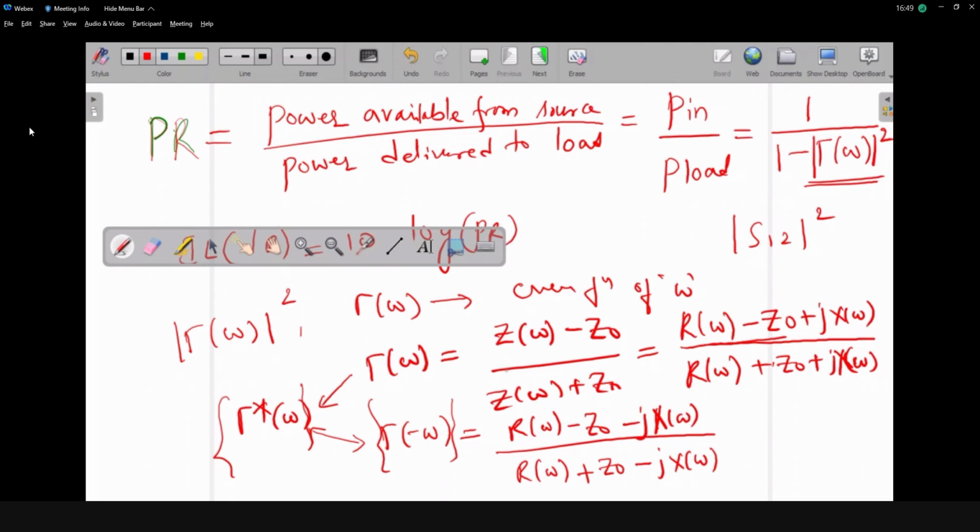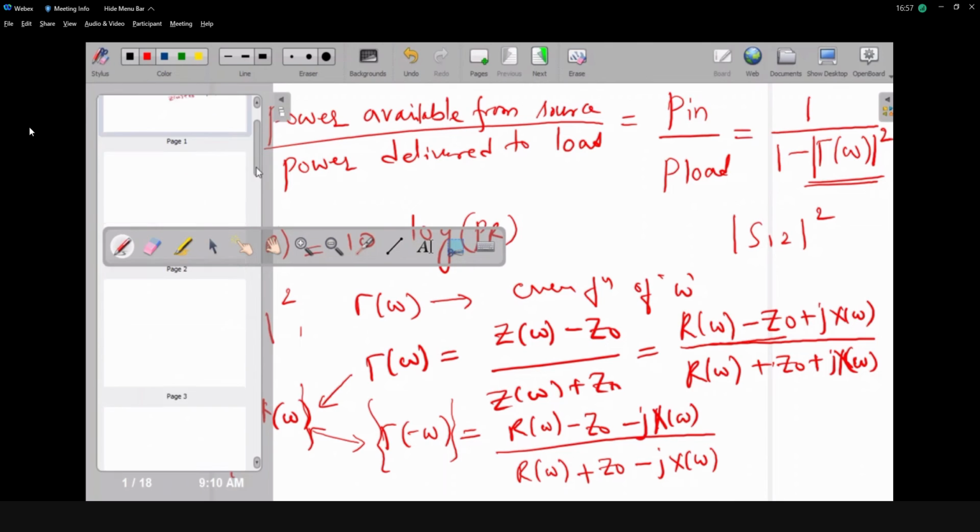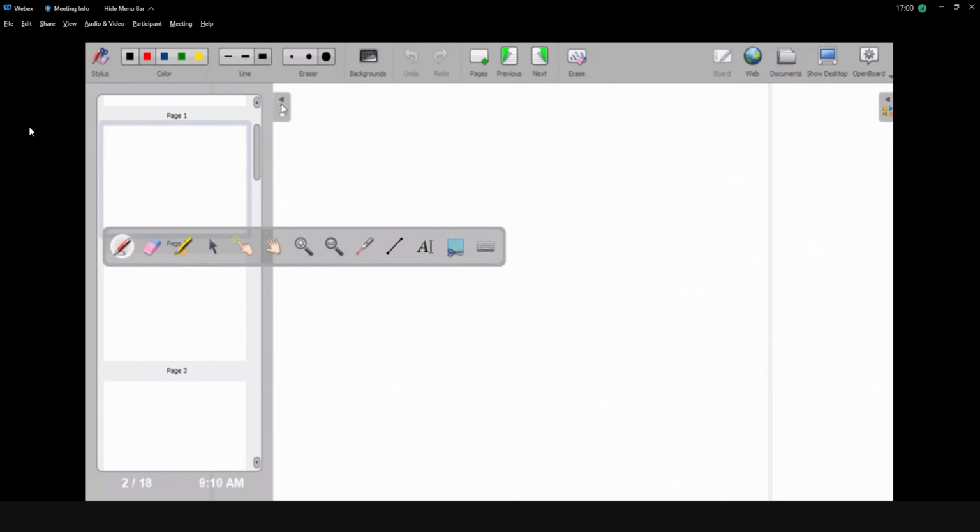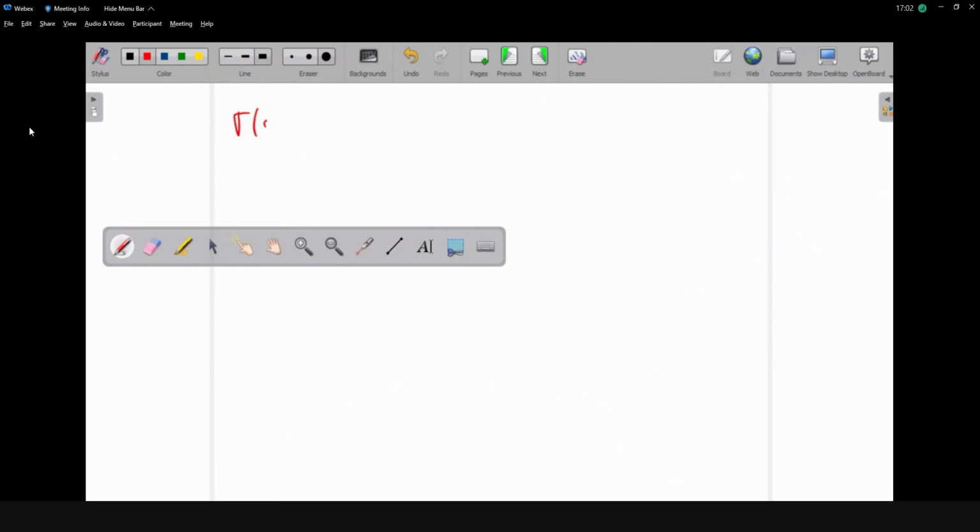So we can write the magnitude square of Γ(ω), which is nothing but Γ(ω) into the complex conjugate of Γ(ω).